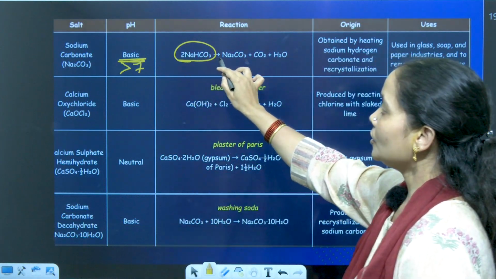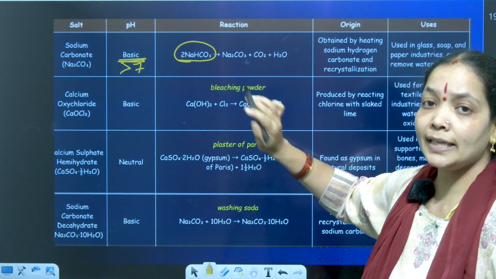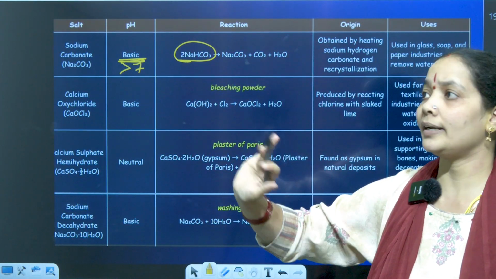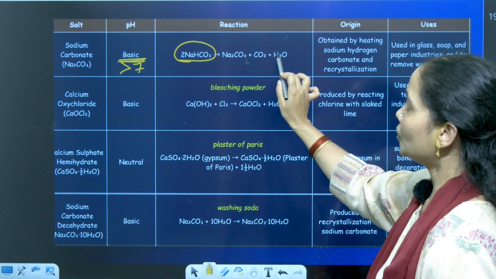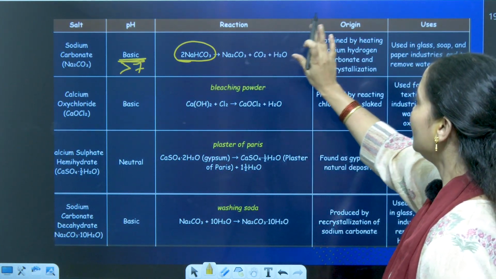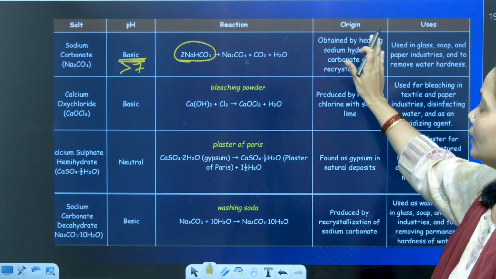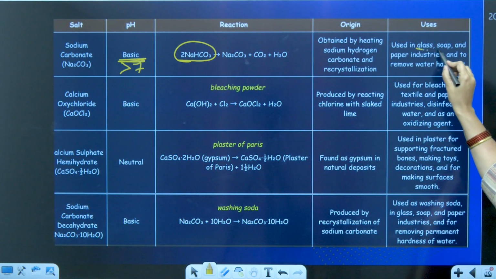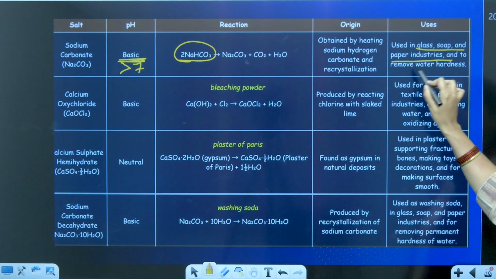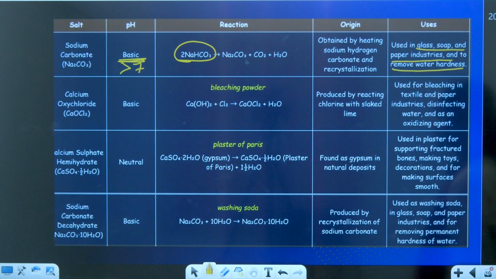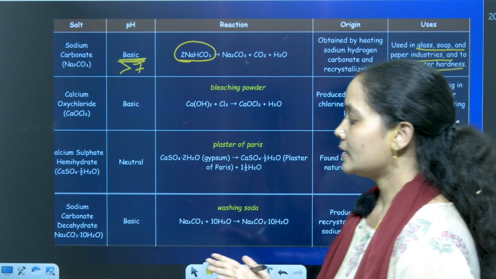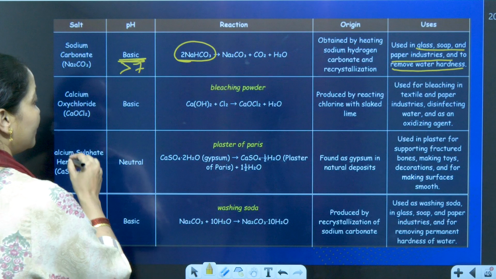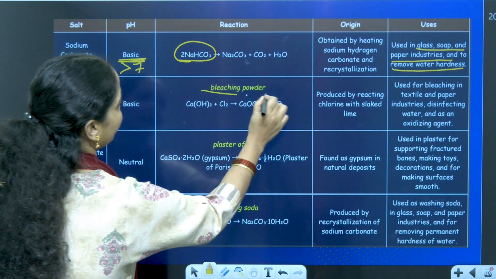So NaHCO3, when I am decomposing it, it liberates Na2CO3, CO2 and H2O. This is a reaction. It is obtained by heating sodium hydrogen carbonate, and uses are in glass, soap, paper industries and for removing water hardness. Next is called bleaching powder. This is called bleaching powder.